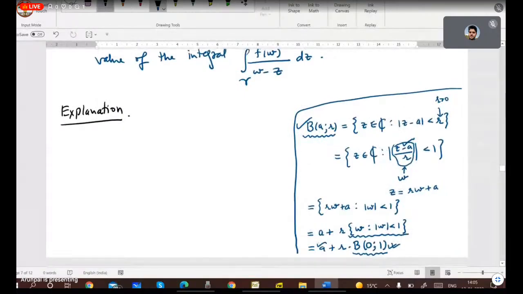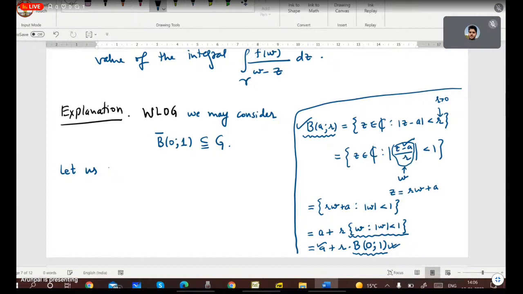So I am going to write, first of all, without loss of generality, we may consider this ball and the corresponding closed ball, in fact, the unit closed ball contained in G, rather than that general ball. Is this okay, class?